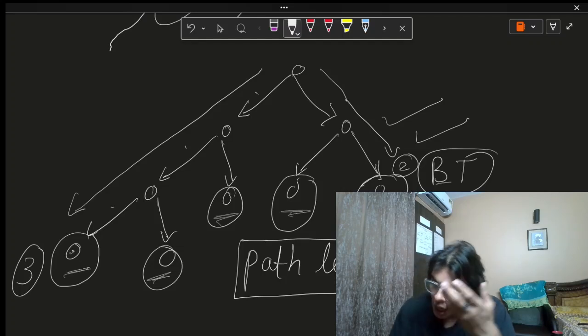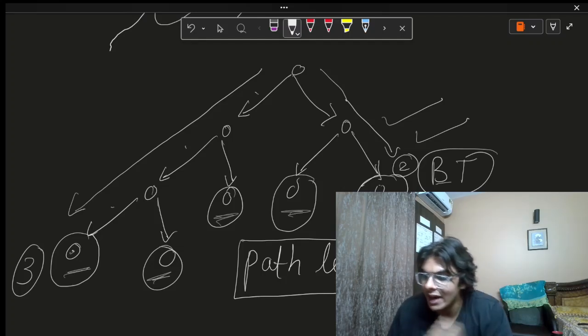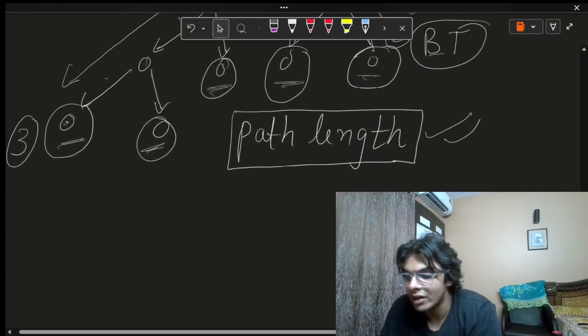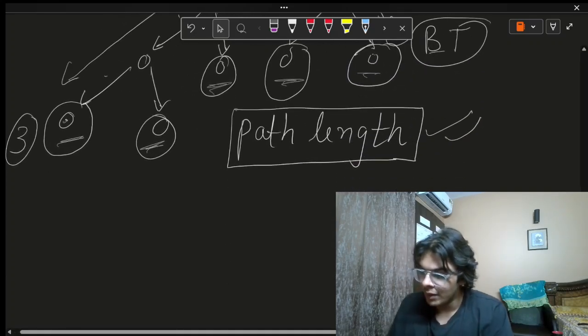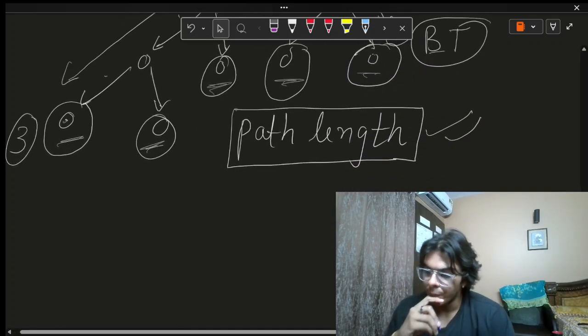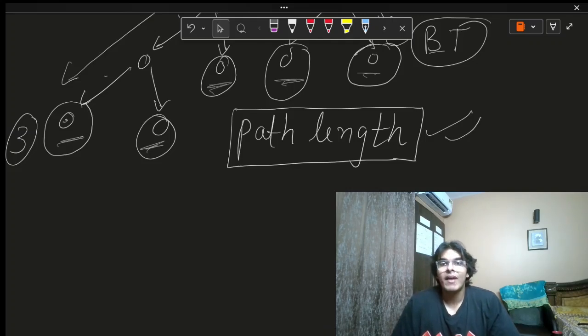So how do we use path length to decide which one is the anomalous point and which one is the normal point? It's very simple. As we discussed before, the probability of finding an anomalous point is high whenever we make a random split.